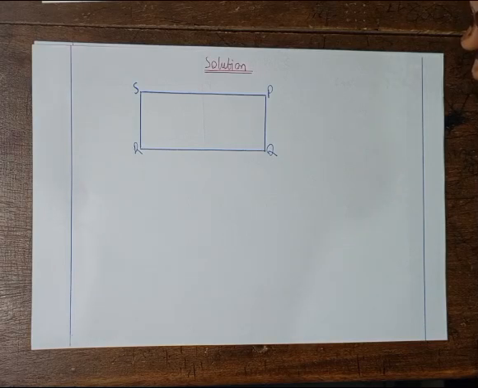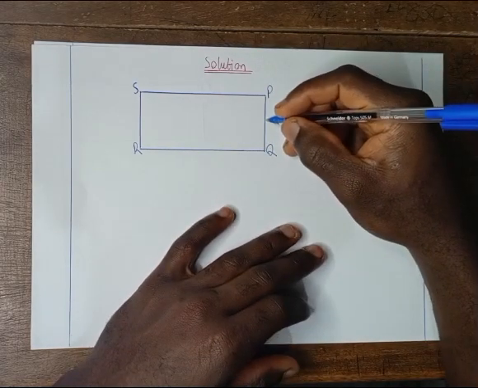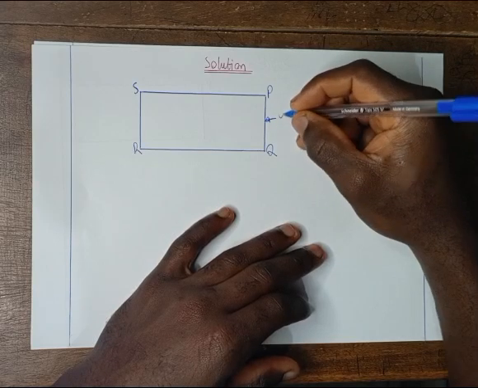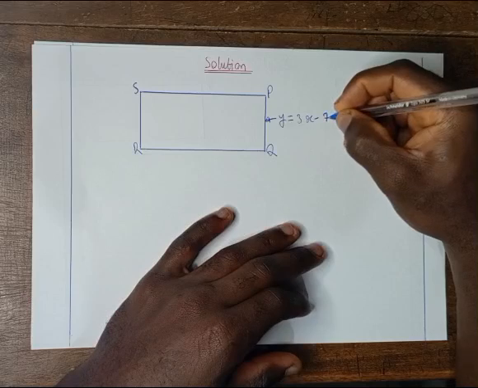So we have been told that the line PQ has equation y equal to 3x minus 7.